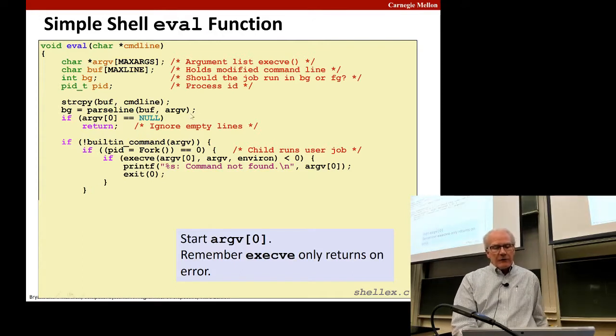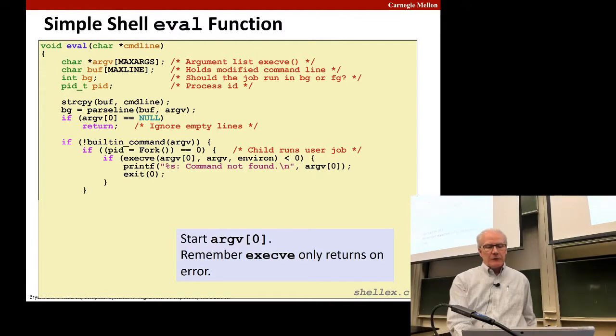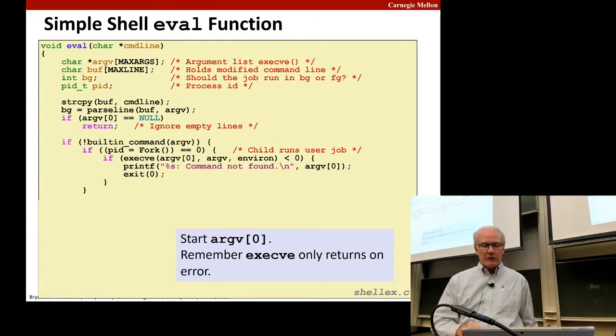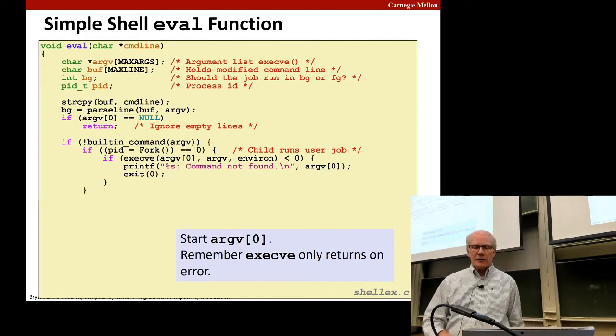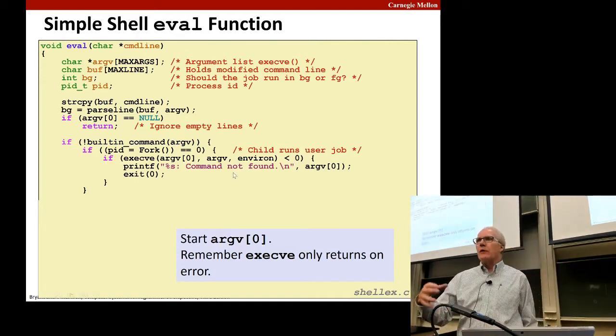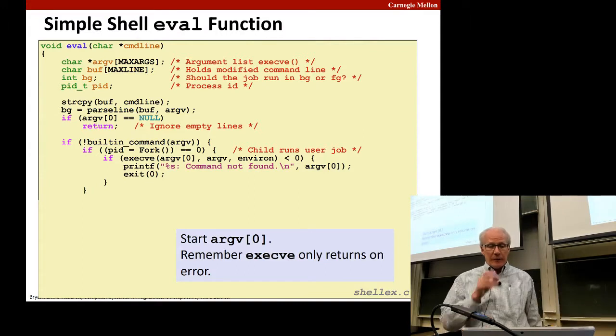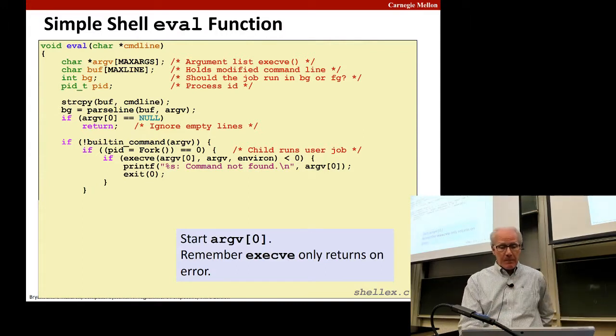If it returns, that's a sign that somehow this was not a valid command, and so it prints an error. The error handling here is rather primitive. It just says, that's an error, and exits the whole shell, which normally is not a good idea when you're writing programs that do more than just some little thing. If there's an error, what you really should do is probably go back to the command line, but it doesn't.